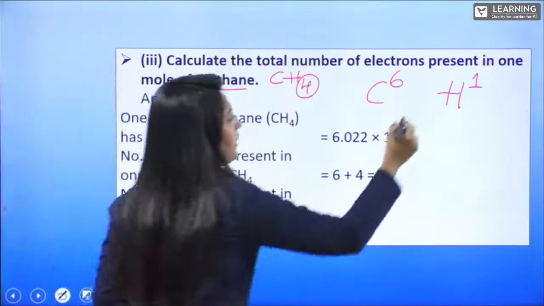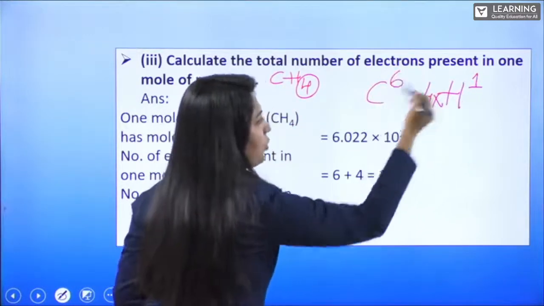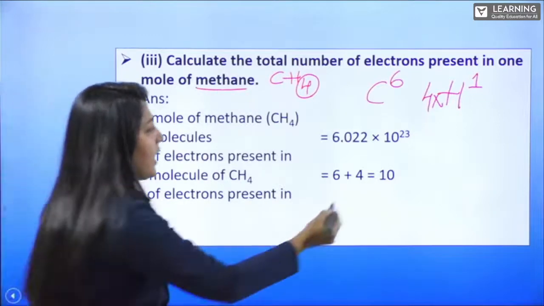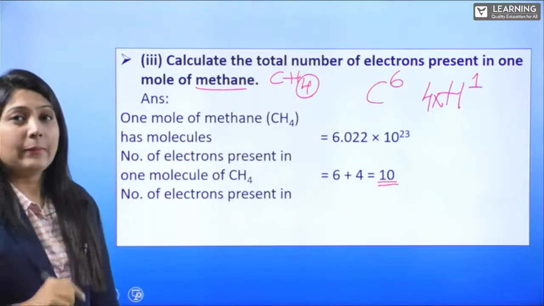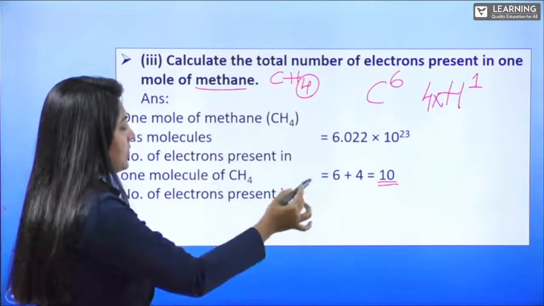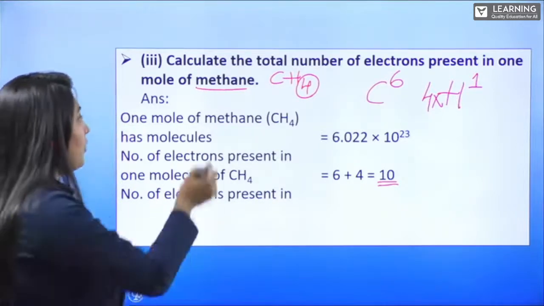So that means 4 into 1. So 6 plus 4 into 1, so 6 plus 4 is 10. In total, how many electrons are present in 1 molecule of methane? 10 electrons.